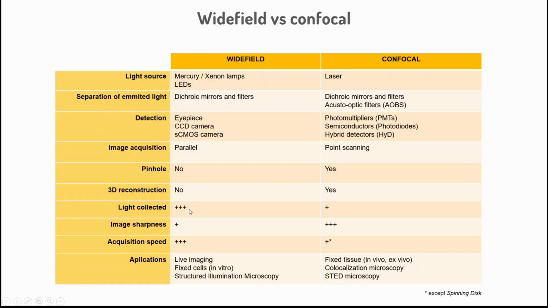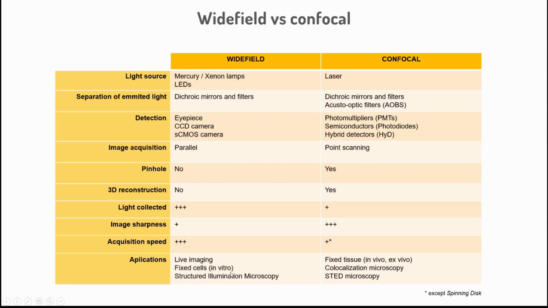Normally in wide field you get a lot of light, and in confocal you get not much light, but you have much sharper images than in wide field. And this is critical because acquisition speed in wide field is really fast, and in confocal is usually slow, unless you have a spinning disk microscope, which is a different type of confocal that I won't be covering today.